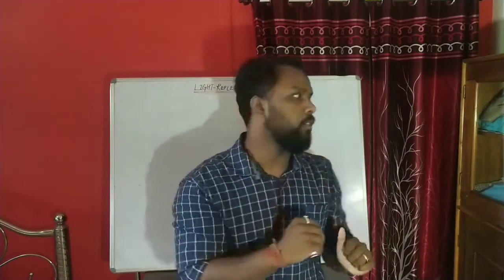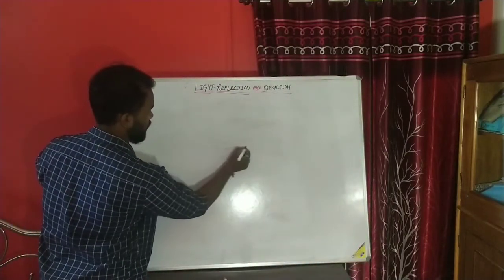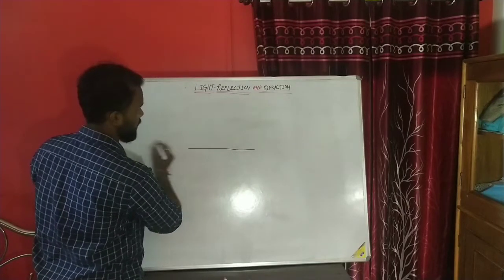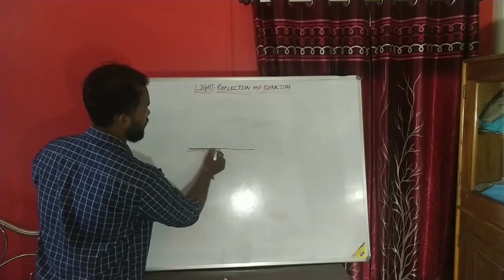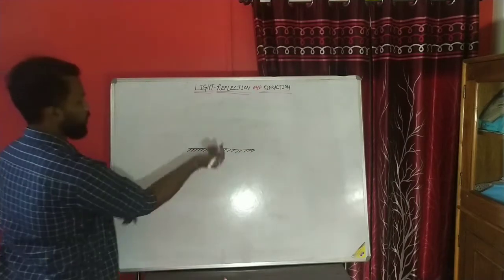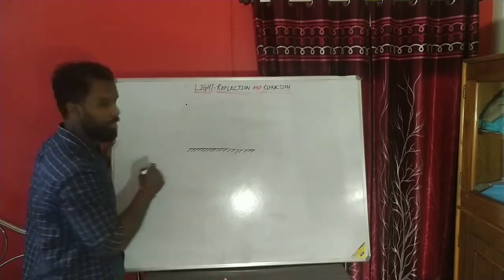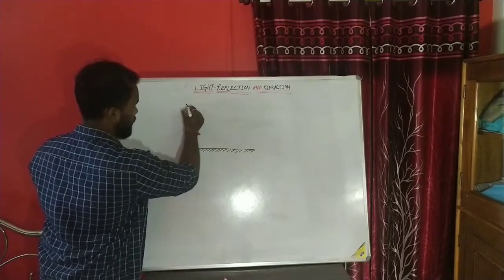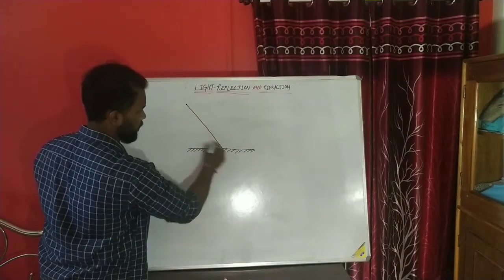See, on the board, if I consider this as a polished surface, I will consider this point as a source of light. From this position, a beam of light will come.